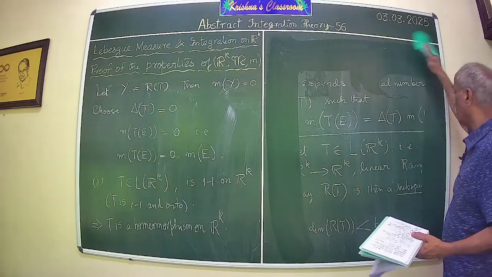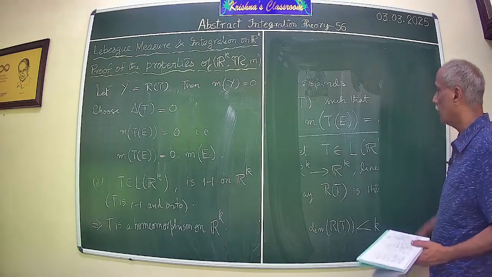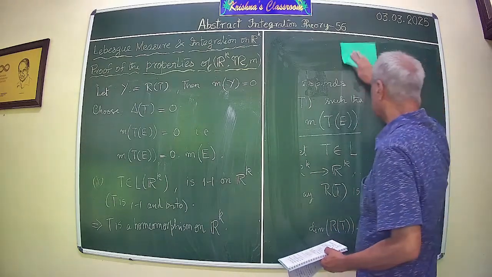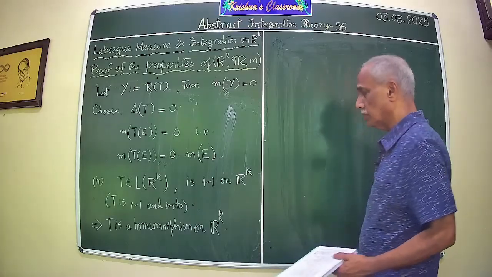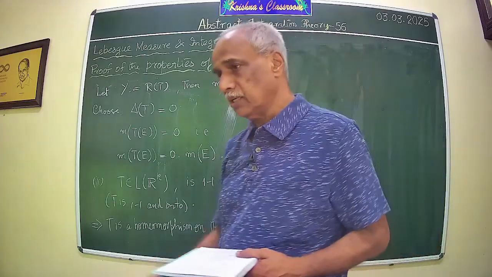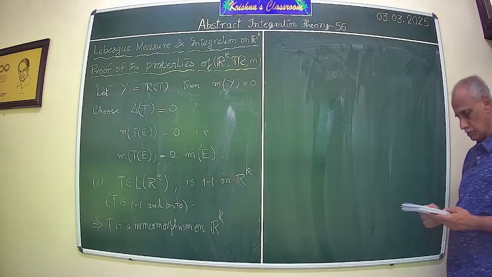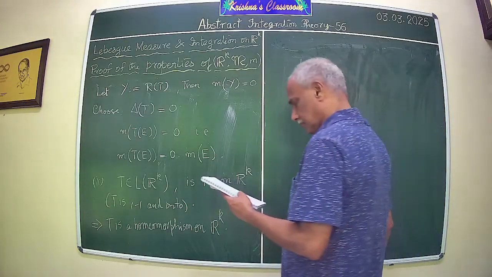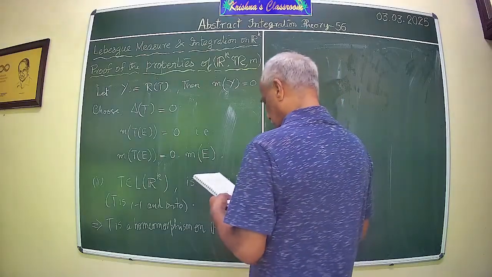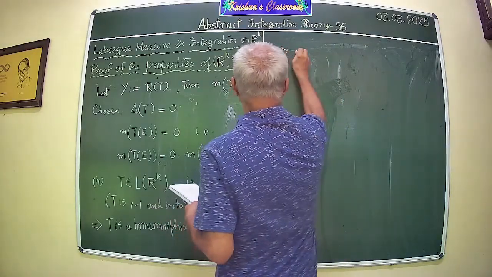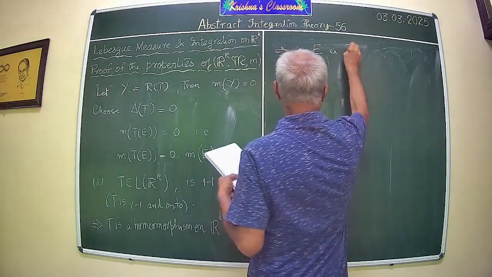It maps all open sets into open sets. It's 1 to 1, and its inverse is also 1 to 1.